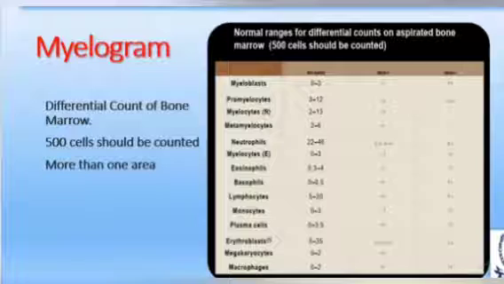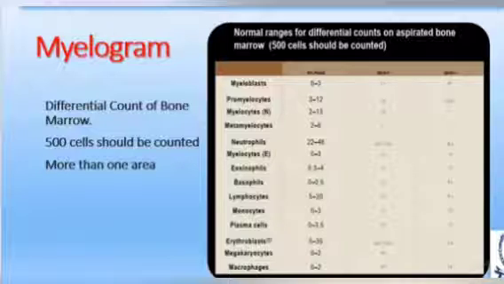This should include all stages of the maturation of WBCs. However, all stages of erythroblasts are counted collectively. At least 500 cells should be counted. It is preferable that the differential count should be performed in more than one randomly selected area.